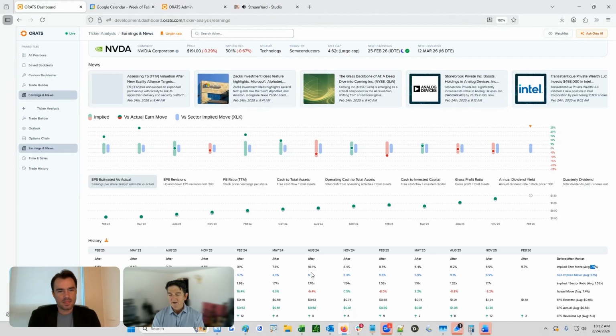When the ratio was low or the ratio was high, right? So we've given our clients another factor to look at when they're looking at particular earnings. So I think it's really exciting to see.